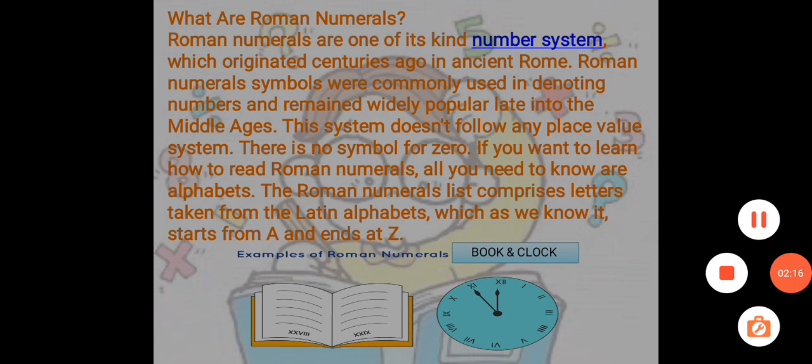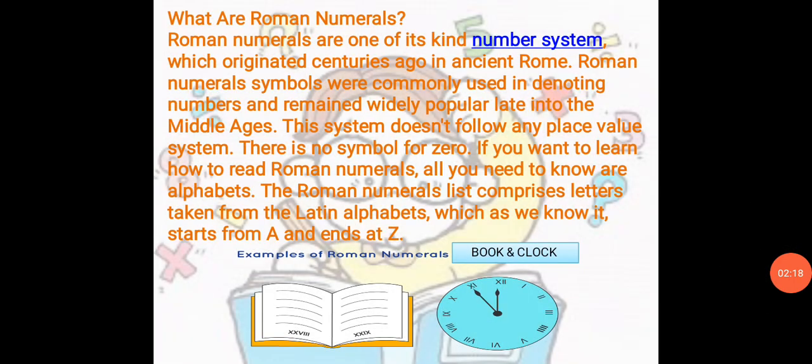So children, I am repeating the same statement for you once again. Roman numerals symbols were commonly used in denoting numbers. So, what we come to know from here is that Roman numerals are nothing but some symbols which we use to denote numbers, and it was widely popular in the Middle Ages.